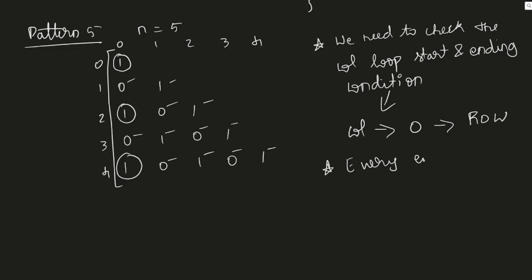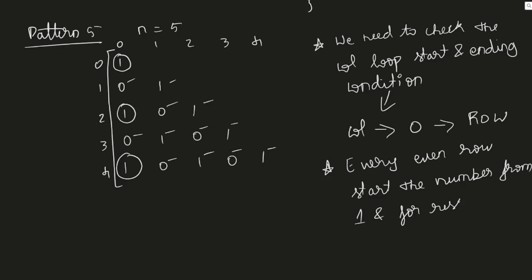For every even row, start the number, meaning printing numbers, from 1, and for the rest of the indices, switch between 0 and 1. That's it. We are done with pattern 5.